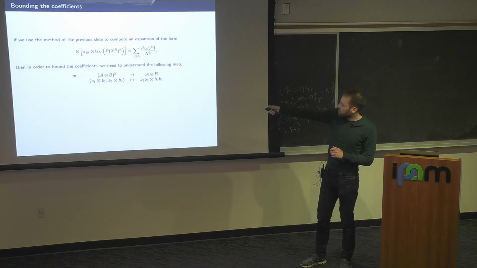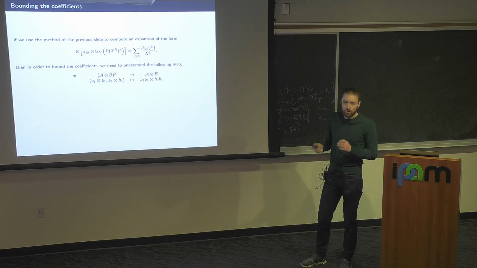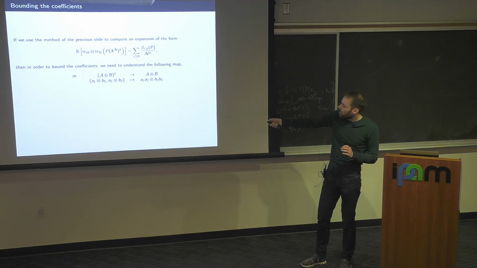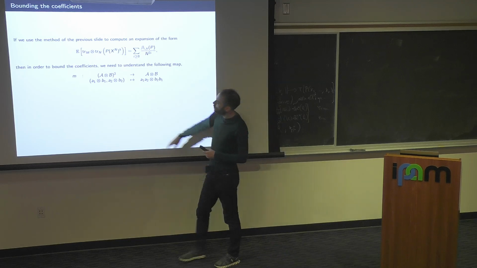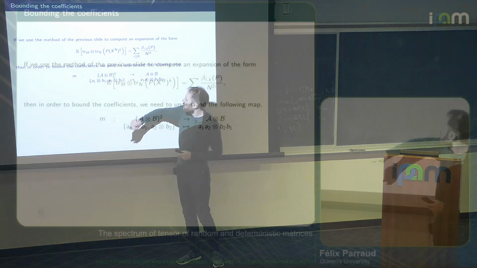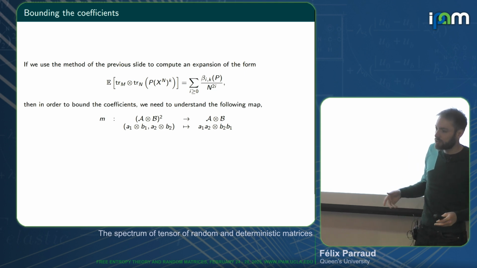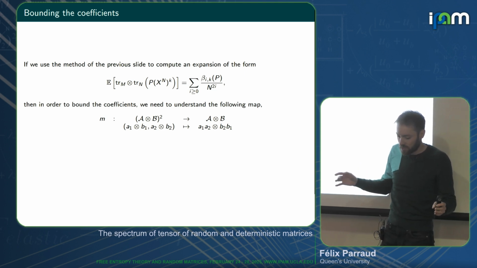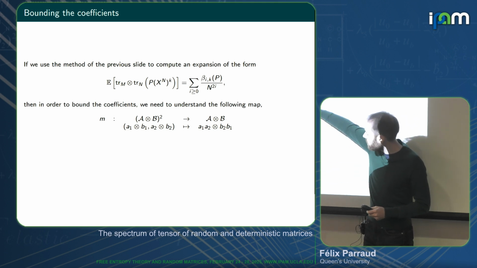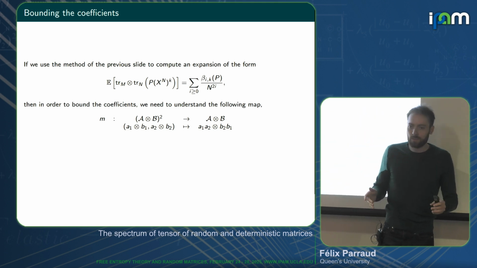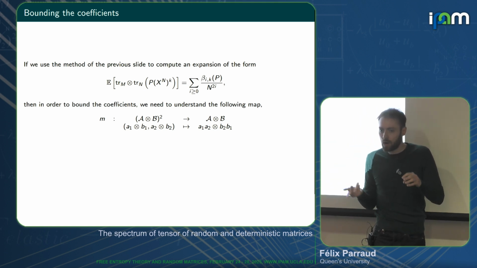Because in order to build those coefficients beta_ik, what you really need is to use this sort of multiplication map. Basically you take 2 elements in A tensor B, and on the left-hand side that's just the regular multiplication, A1 times A2. But on the right-hand side, B1 times B2 has to be B2 times B1. So you somehow swap them.